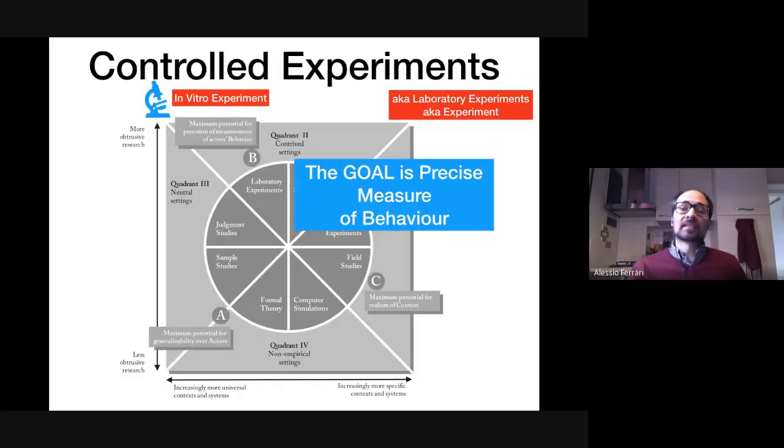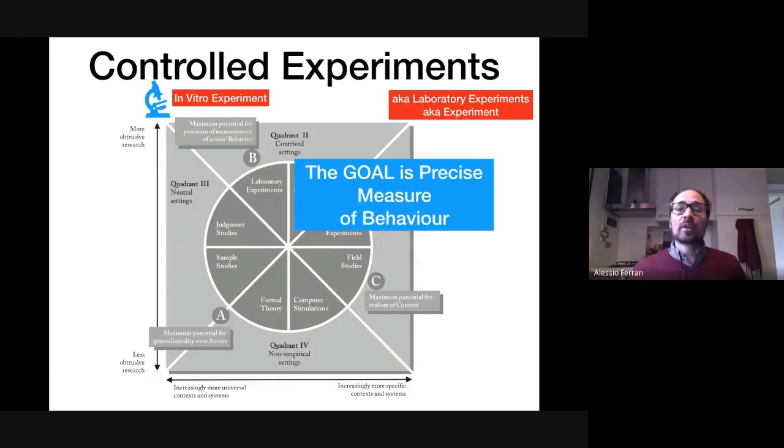So last time, to take a bit from the last lecture, we saw the different types of research strategies, and we saw that experiments, laboratory experiments, controlled experiments, in vitro experiments as a paradigm, are typically strategies that require a contrived setting, so an artificial setting, okay, not the natural one.